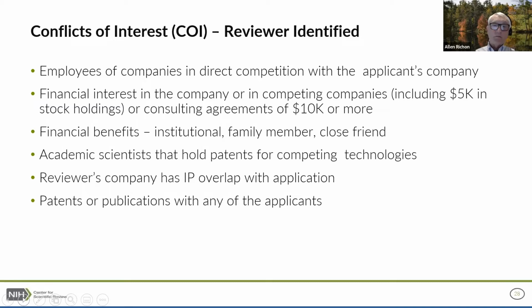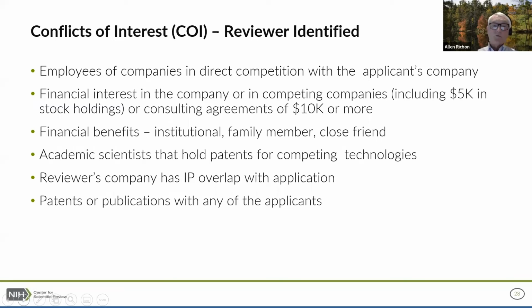If applications come in from that area, you're probably not going to want to review them because there's a potential down the road that through freedom of information, the company can say this person was on this grant application. They obviously understood what we were doing. They used it to further research in their own company, and we're going to sue them.